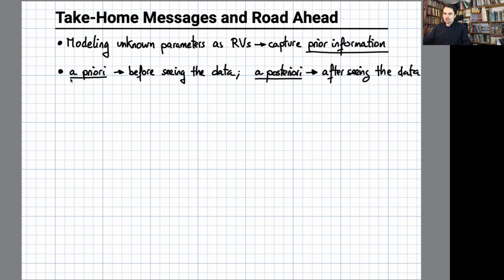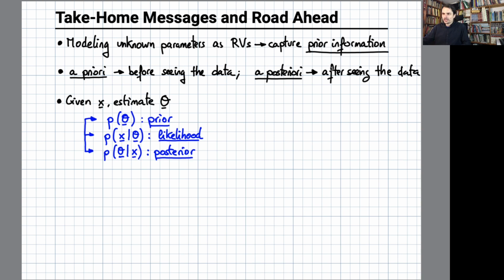We distinguish between information a priori, before seeing the data, which is captured by the prior distribution, and information a posteriori, that is information after we have seen the data, and this was embodied in the posterior distribution. It is very important to remember the terminology.